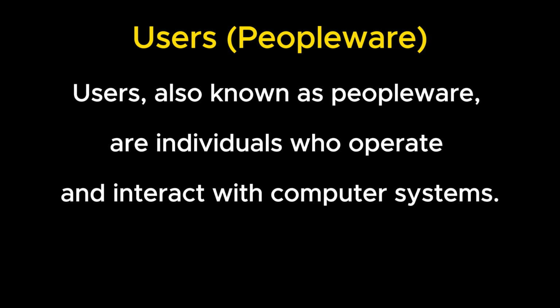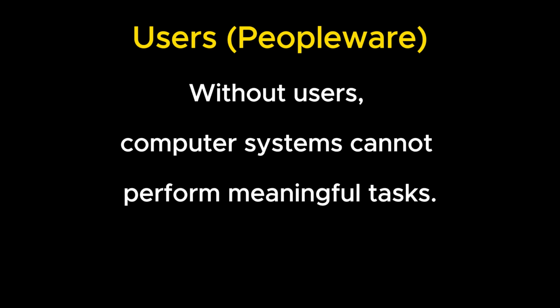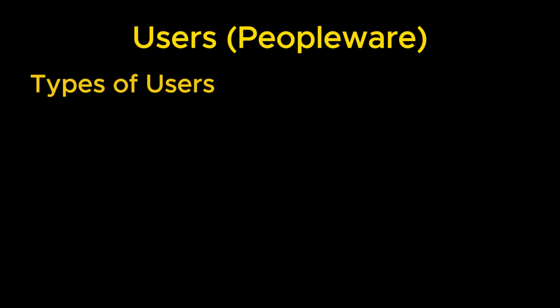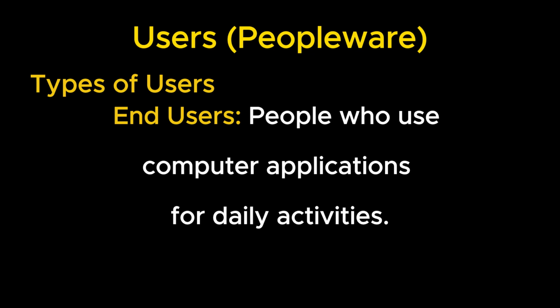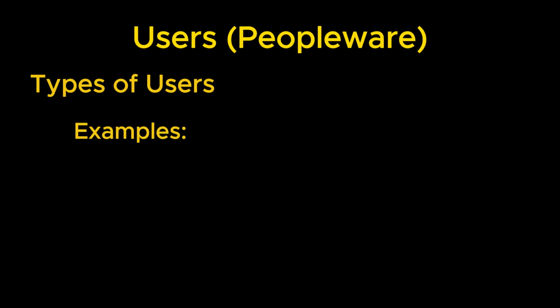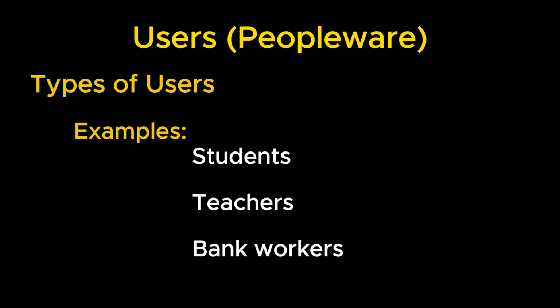Users, peopleware. Users, also known as peopleware, are individuals who operate and interact with computer systems. Without users, computer systems cannot perform meaningful tasks. Types of users: end users, people who use computer applications for daily activities. Examples: students, teachers, bank workers.